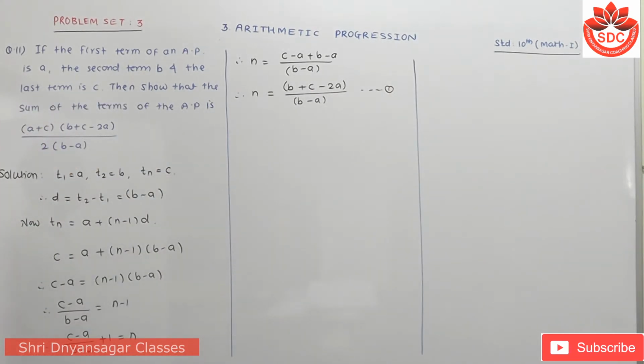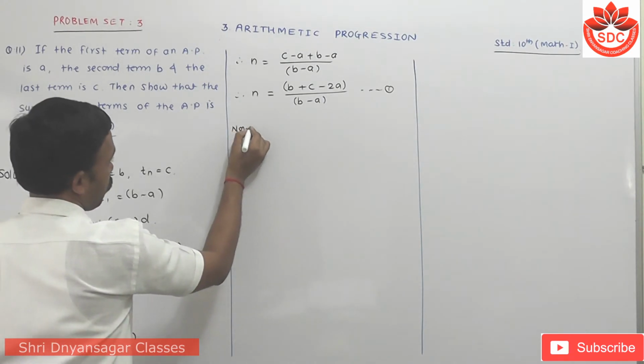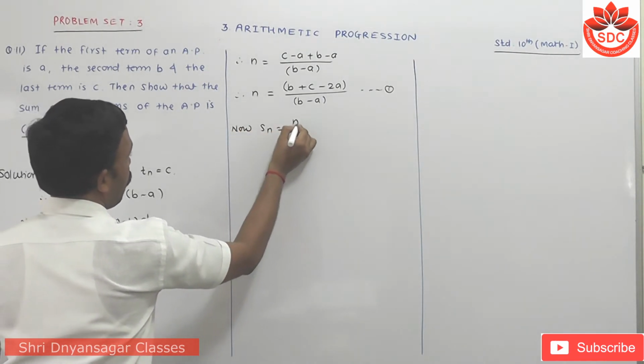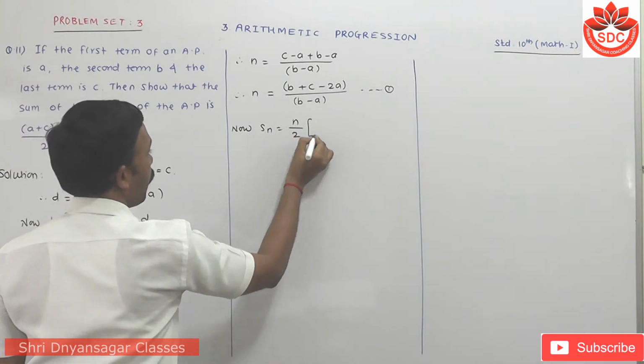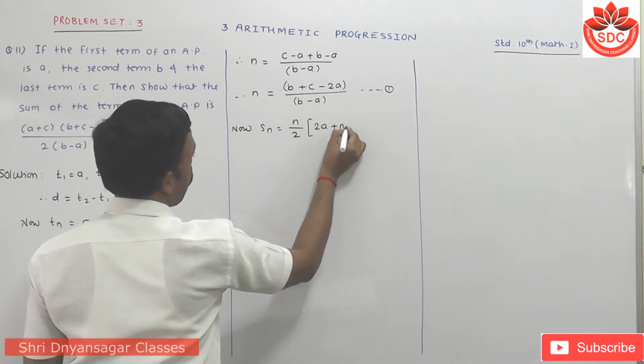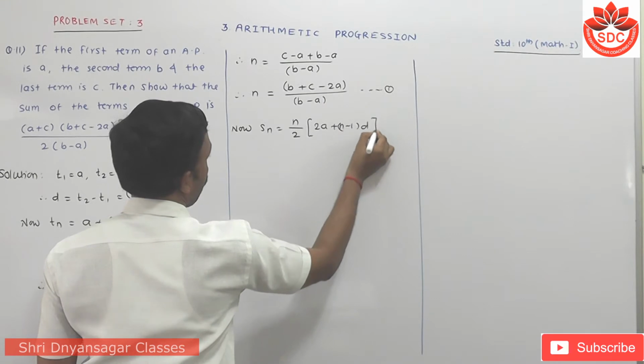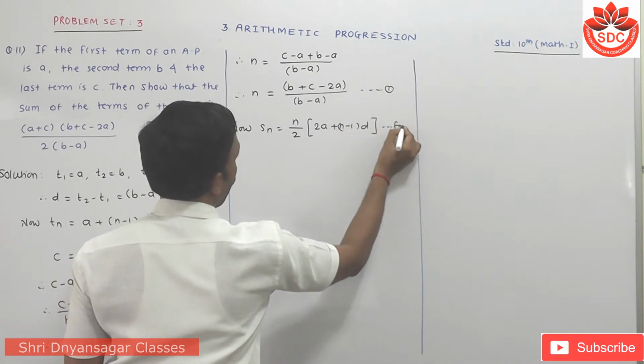Suppose I take this as equation one. Then, student, to show the sum of these terms, we use the formula for Sn. Now Sn = n/2 [2a + (n − 1)d]. This is the formula.